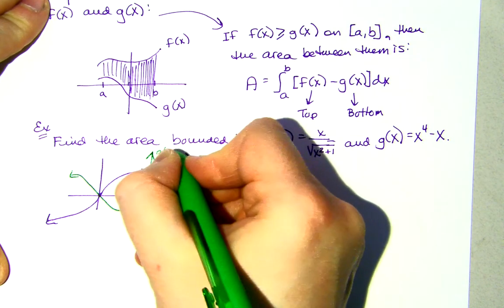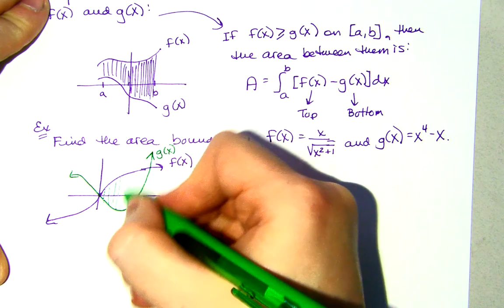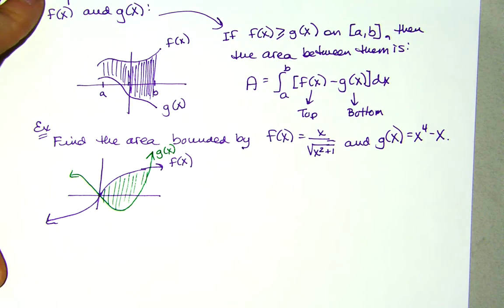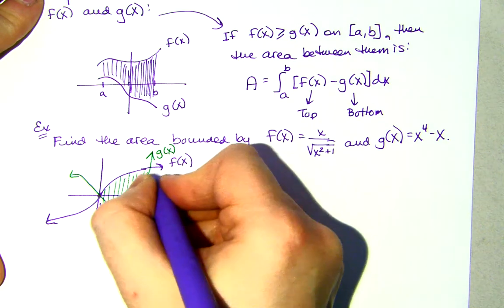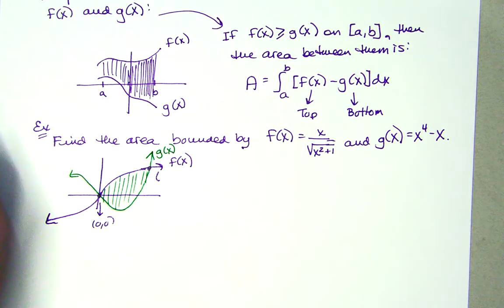I'm going to call that one g of x. I want to find the area in between them. One of the points of intersection is really nice: 0, 0. The other one is not. And remember that because we're going to be using this number and I want the final answer accurate to 3 places, give me more than 3 places here to make sure the final thing's good.